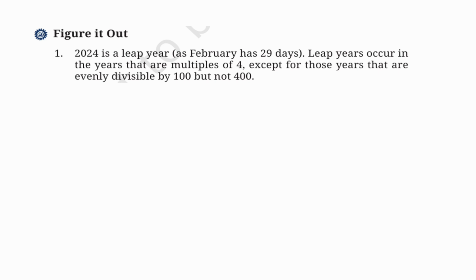Figure it out. 2024 is a leap year as February has 29 days. Leap years occur in the years that are multiples of 4 except for those years that are evenly divisible by 100 but not 400. So, leap years occur every 4 years except for certain exceptions related to century years.